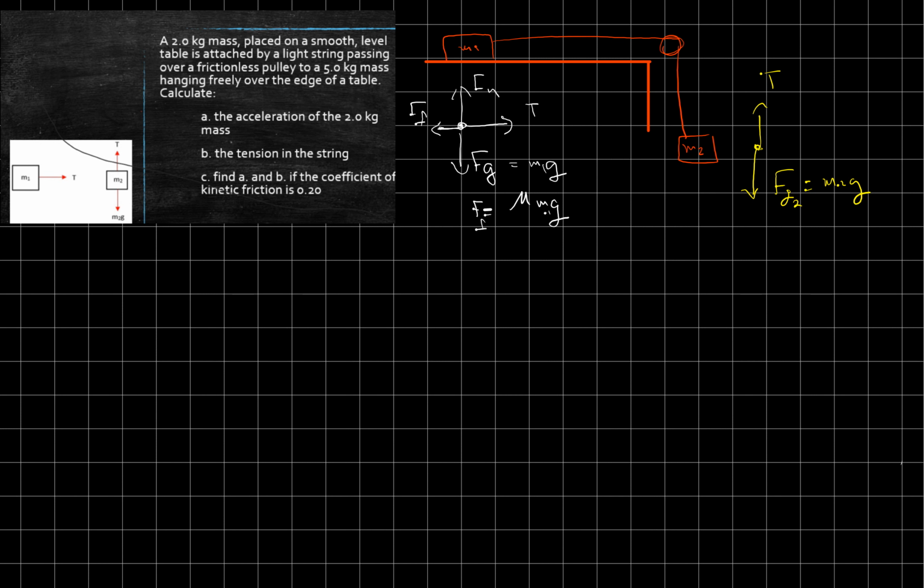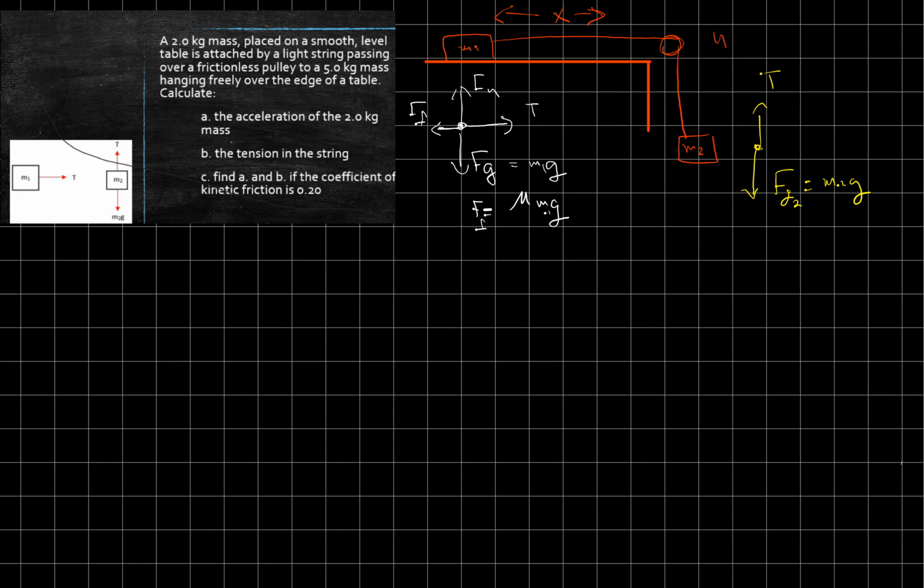For these systems, the easiest thing to do, instead of writing accelerations as negative and positive, is to just think of the forces opposing each other, because we're going to have an x direction and a y direction for this system. So x direction for m1, y direction for m2.